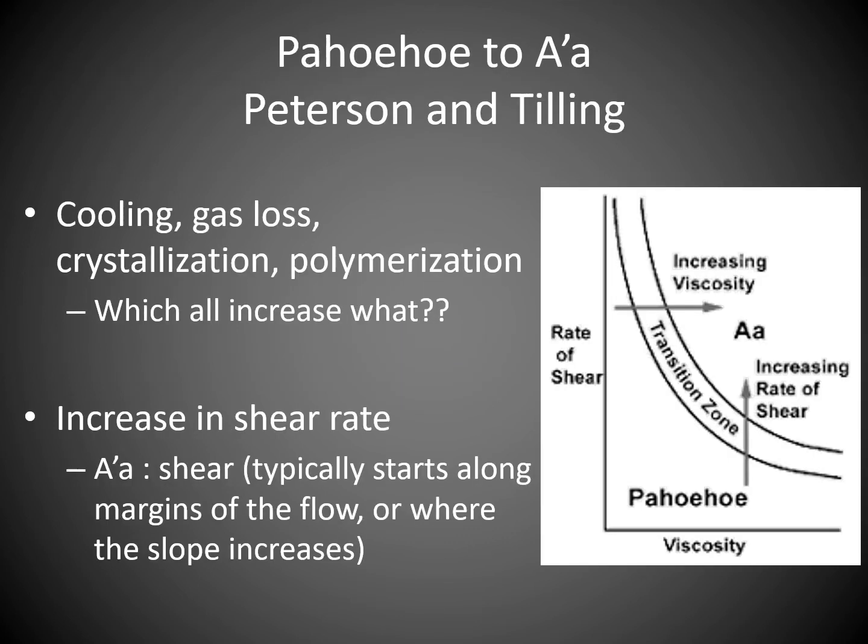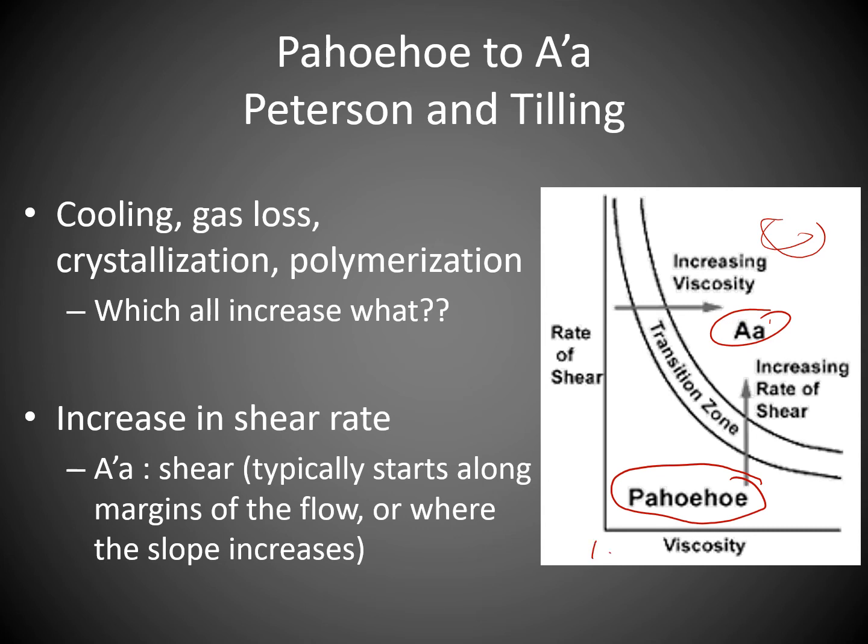they came up with a little diagram that sort of showed how they thought the transition from Pahoehoe to Aa worked. So in this field in the upper right, we have Aa. And down here in the lower left, we have Pahoehoe. And this is a plot of viscosity on the bottom.